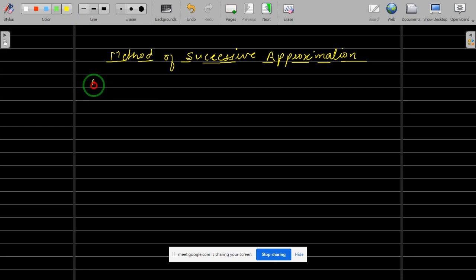So in this case, you consider the integral equation y of x is equal to f of x plus lambda integral a to b k(x,t) y(t) dt, your equation number 1.